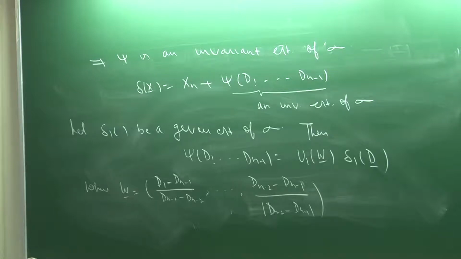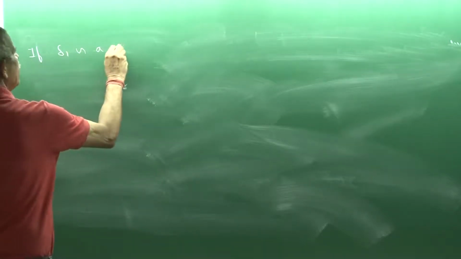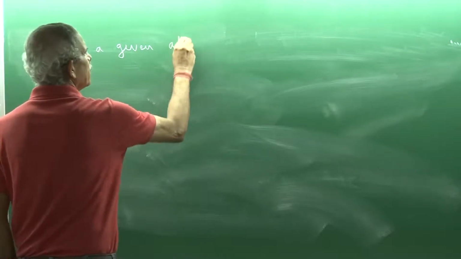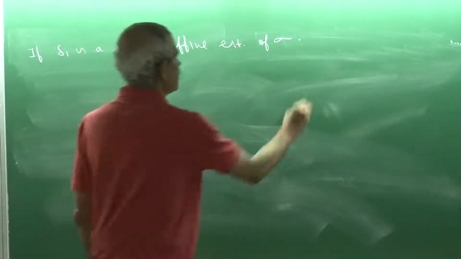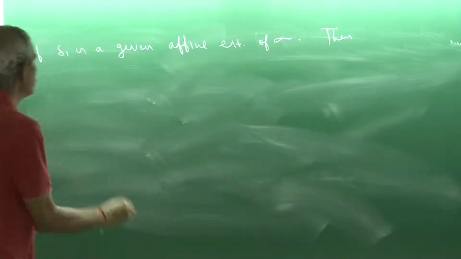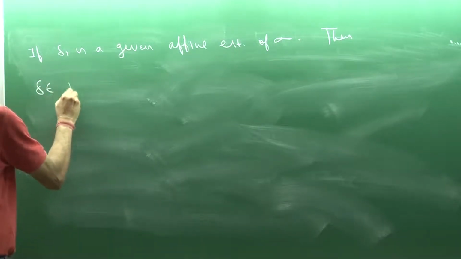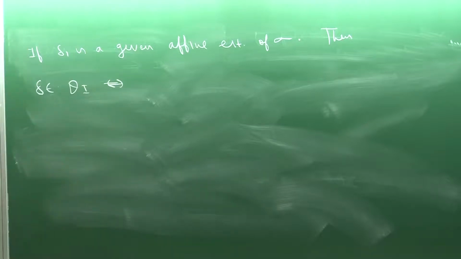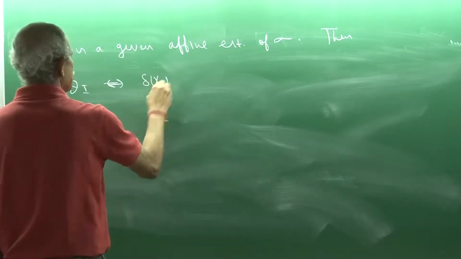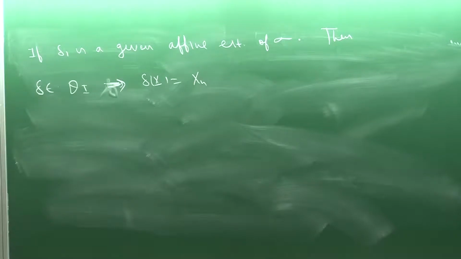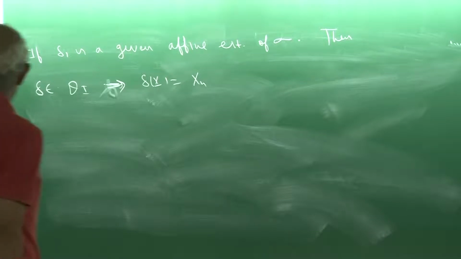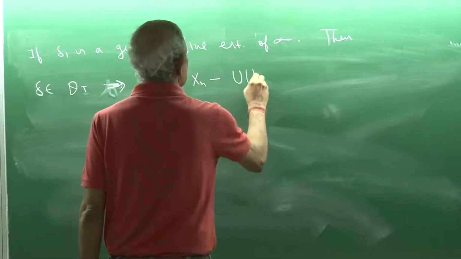So what do you conclude from here? What you conclude is if delta 1 is a given affine estimator of sigma, then any affine estimator of mu would be of the type: you can write delta x equal to xn minus, I can write that as u of w.